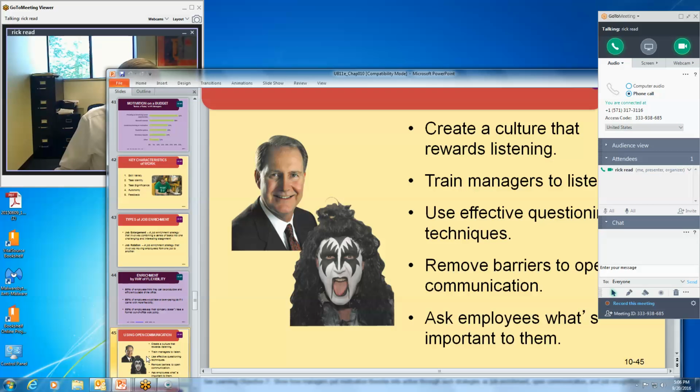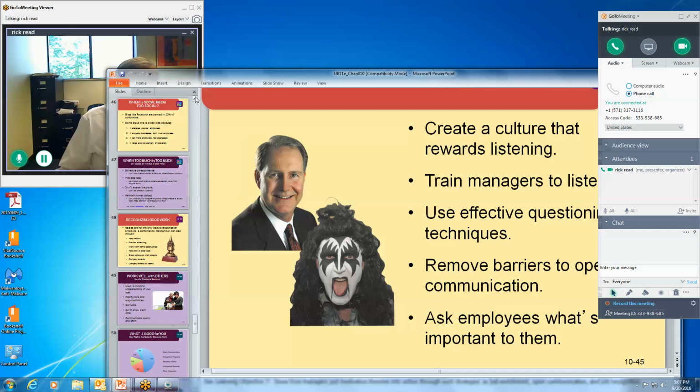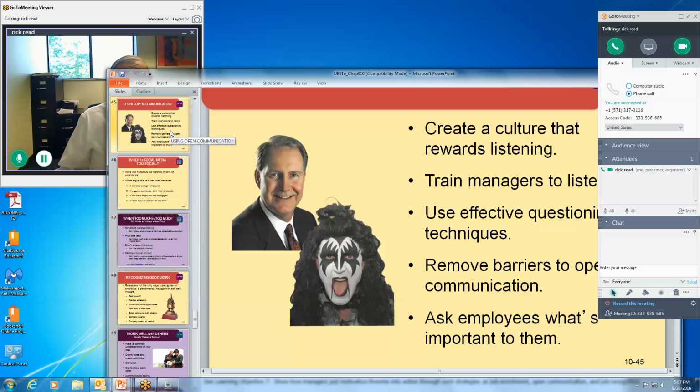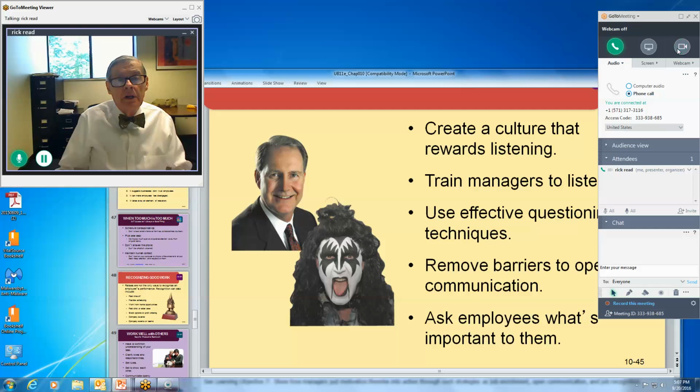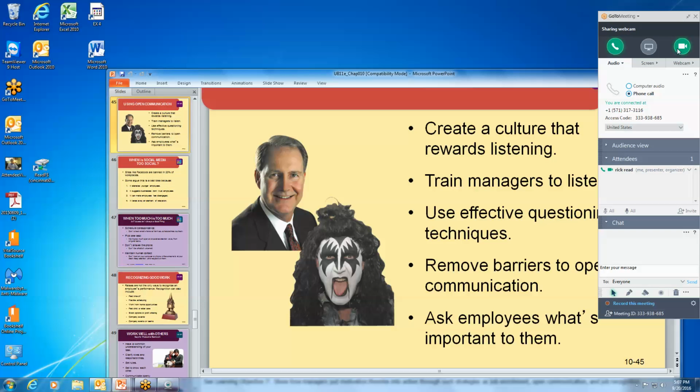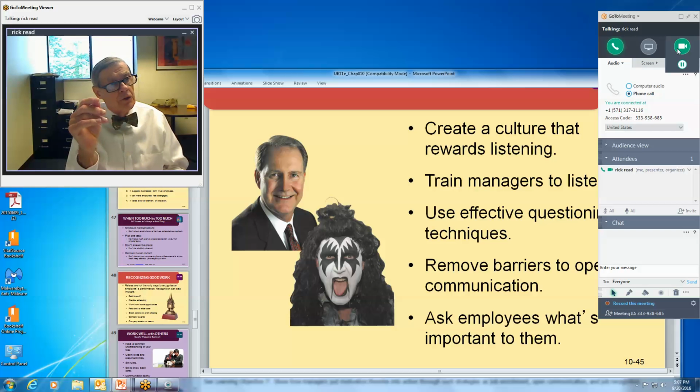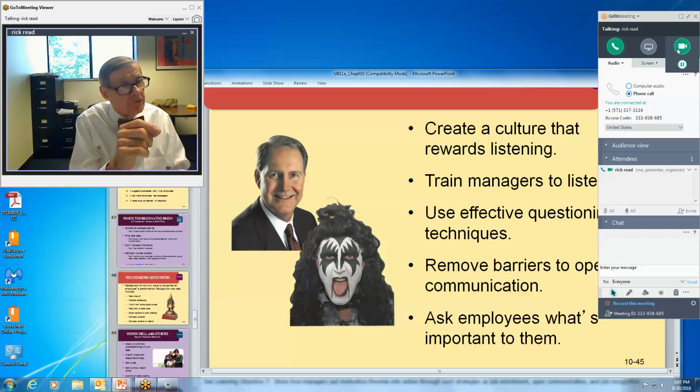Let's move here. Open communication as a method of motivation. Notice what it says here at the first. It creates a culture that rewards listening. And one of the biggest problems that all of us have is we don't listen well.